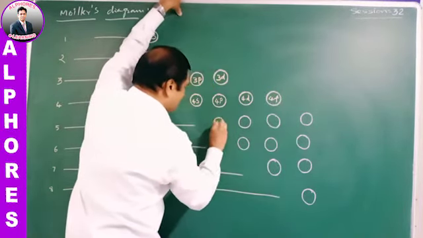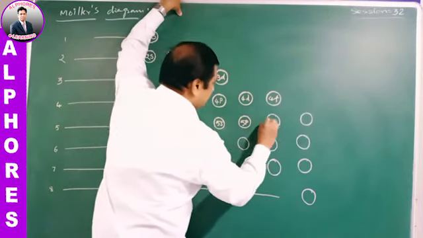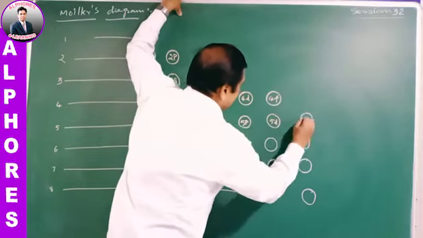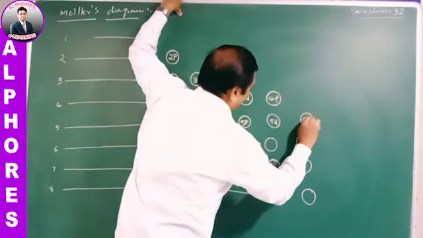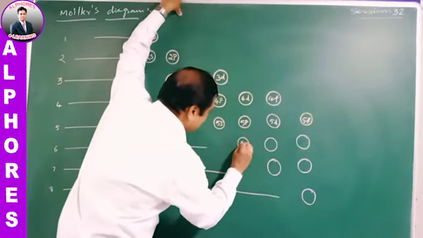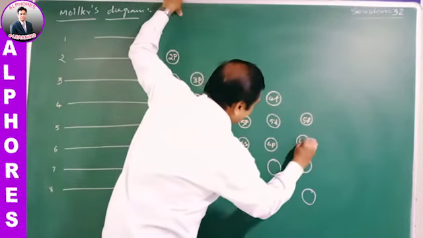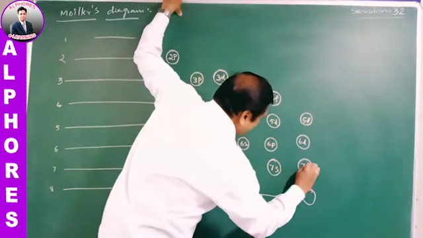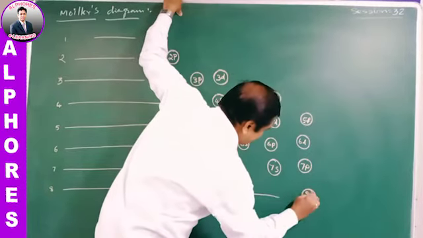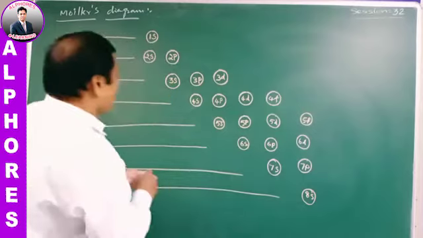Next, fifth orbit: 5s, 5p, 5d, 5f; then 6s, 6p, 6d; 7s, 7p, and last is 8s. These are the various subshells we have.